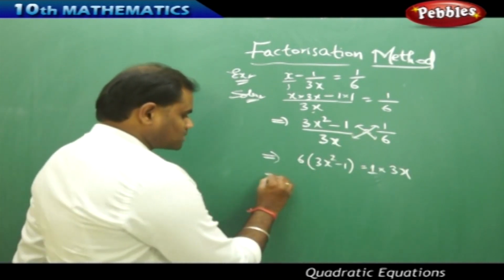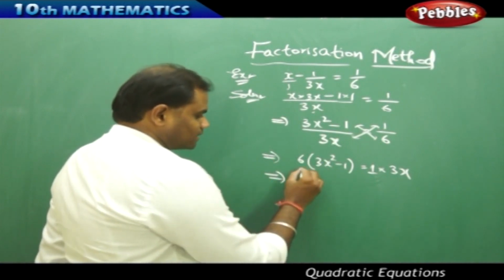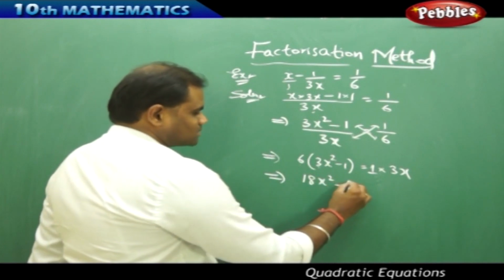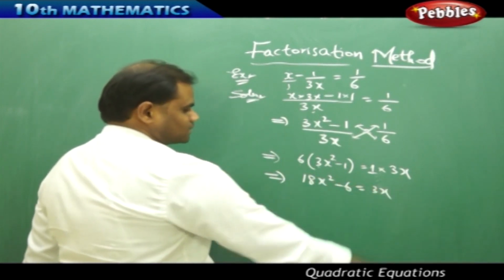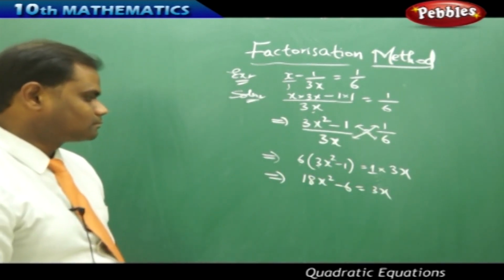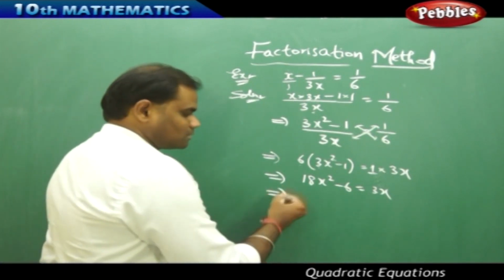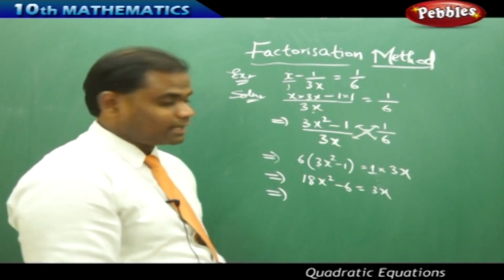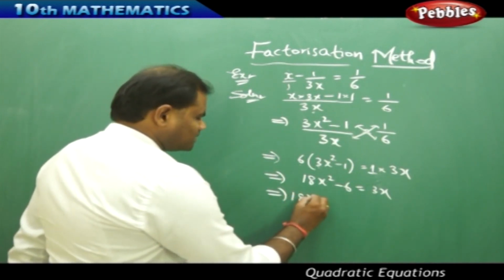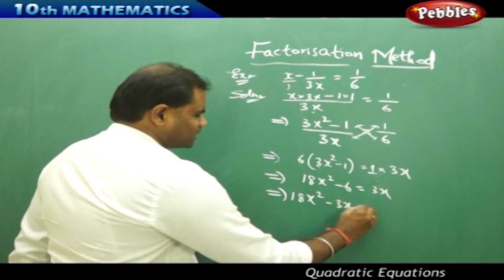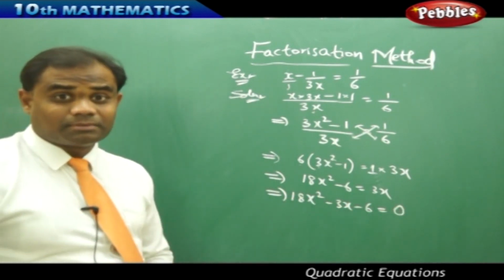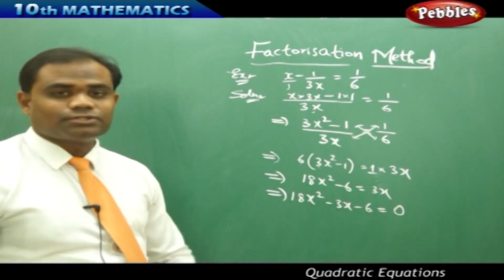Therefore, when I expand the brackets, I get 6 times 3 is 18x squared minus 6 equals 3x. Then, with all terms to the left and only 0 on the right, this gives me 18x squared minus 3x minus 6 equal to 0, which can be simplified by cancelling 3.